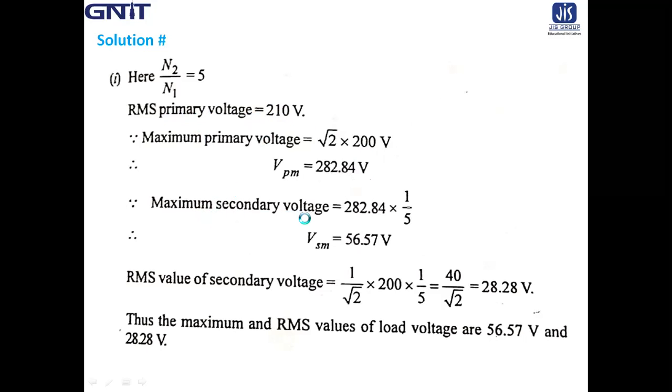Then the maximum secondary voltage is, with the turn ratio, 282.84 by 5, which is 56.57 volt. Therefore, the RMS value of secondary voltage is 1 by root 2 into 200 into 1 by 5, that is 40 by root 2, that is 28.28 volt.